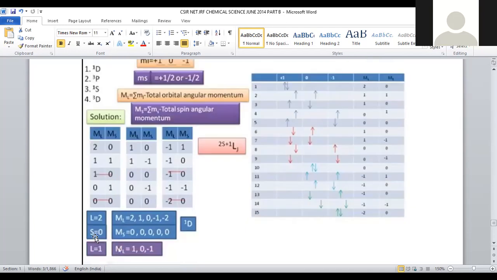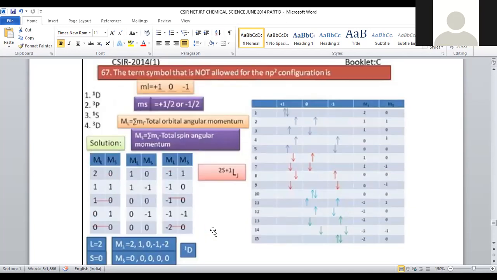If L is equal to 0, the orbital contribution will be S. The term symbol will be S, and for spin multiplicity, one electron plus 1, another electron plus 1. It will become 2 into 1 plus 1, which means 3S is possible. Here 1S is given; let us see whether 1S is possible or not. For this, it will be 3S. 3S is a possibility. Next, let us go on.